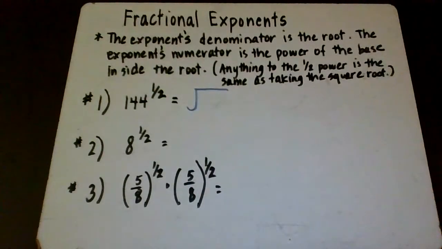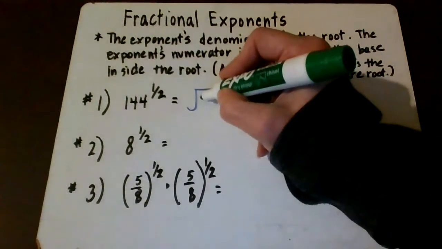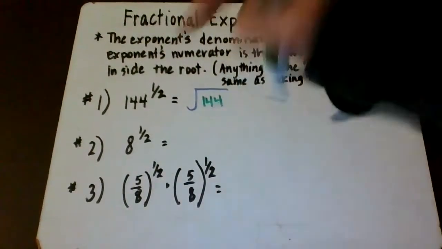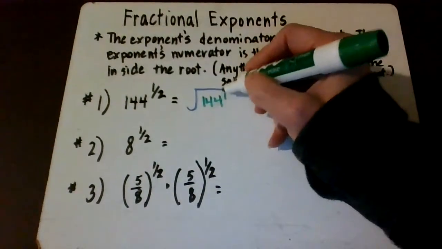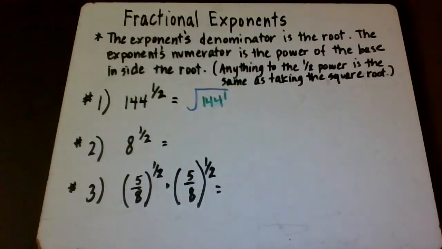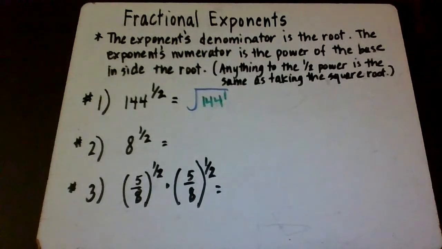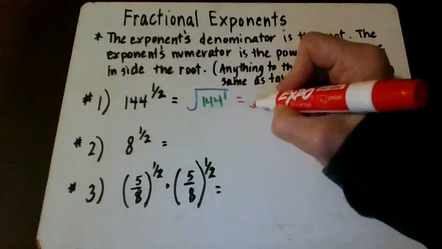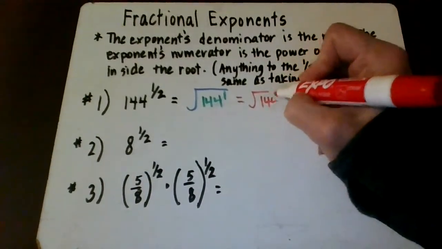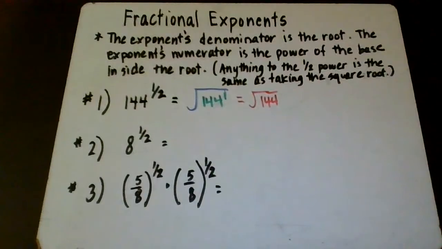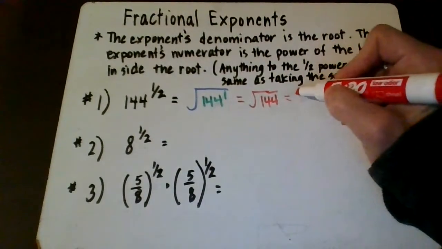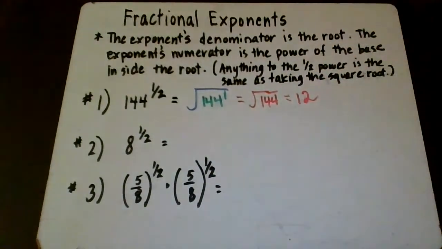So that would be 144, to the first power. Well, we know anything to the first power is just the number itself. So this really means the square root of 144. So what is the square root of 144? The square root of 144 is 12.